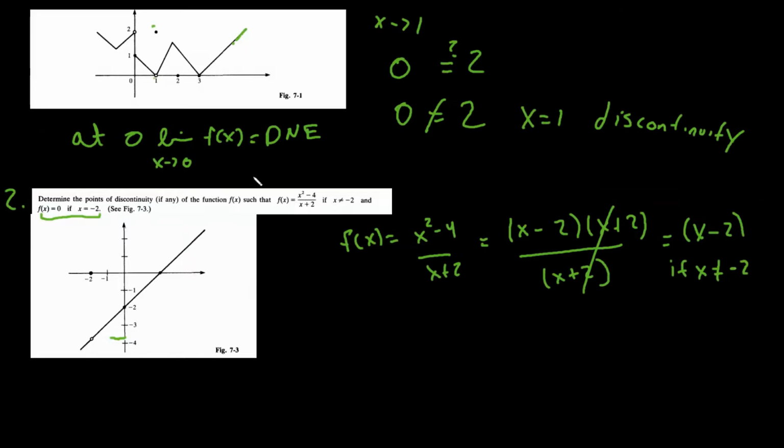The problem even basically says it here. x cannot equal negative 2. Let's check if this point is continuous. Obviously we know it's not. So if we apply the rule, find out if the limit as x approaches negative 2 of f of x equals f of negative 2.